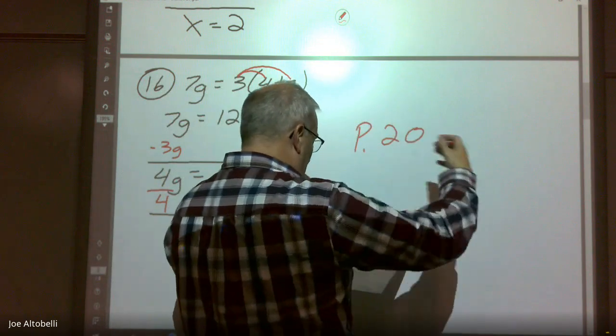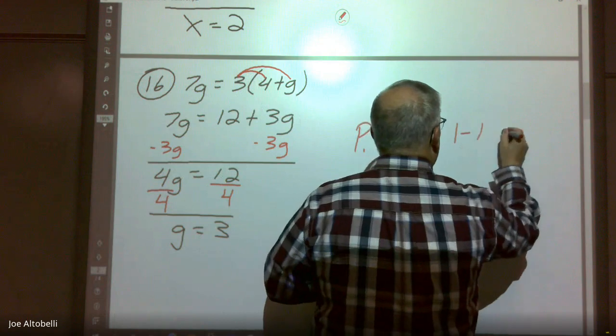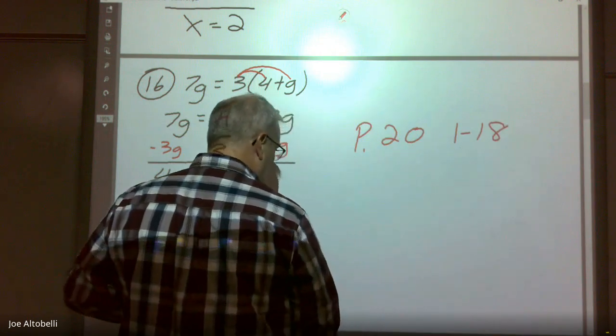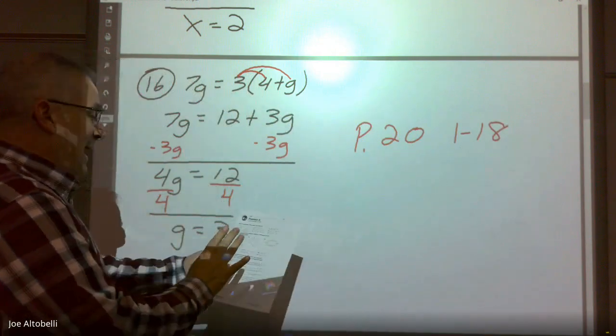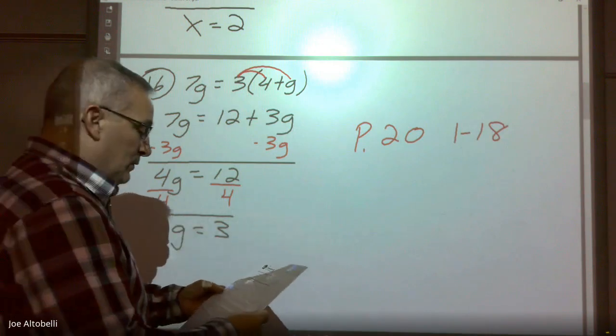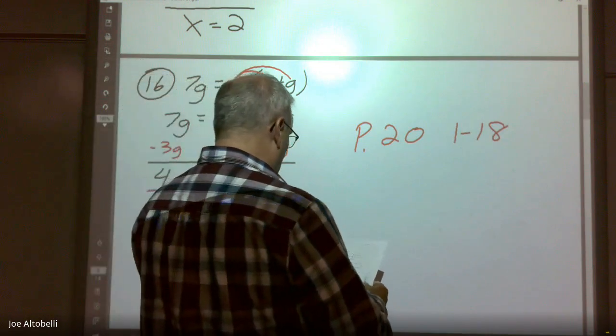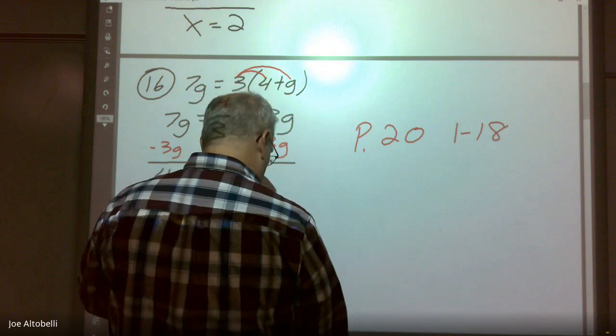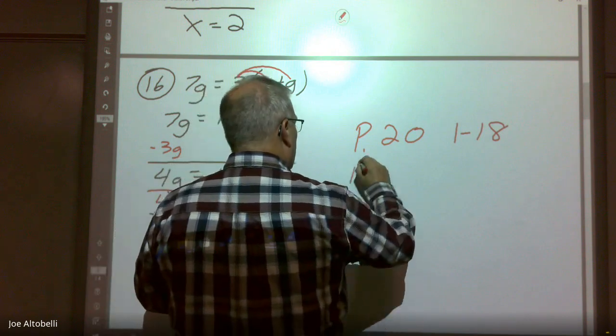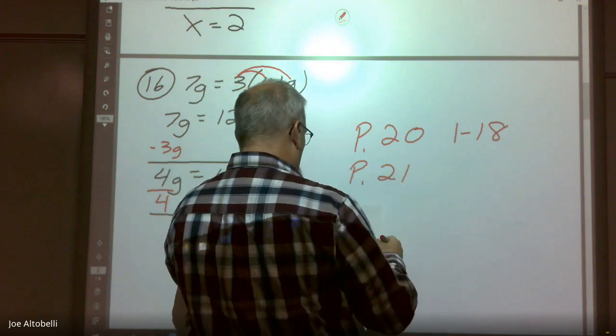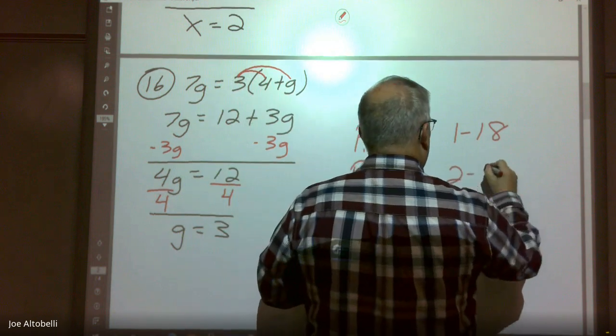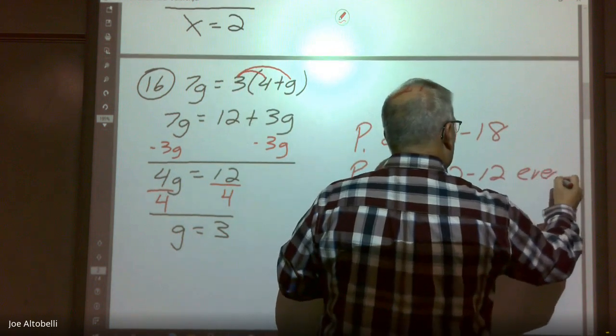You are going to finish that page, 1 through 18. Okay? Then on the back side, you are going to do page 21. We're just going to do 2 through 12 evens.